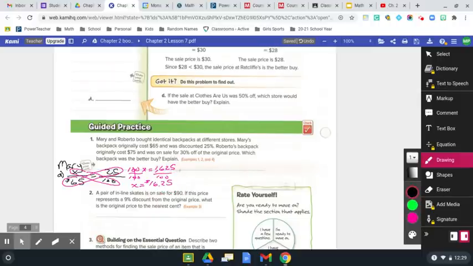But we need the sale price, right? So we're going to take the price of her backpack and subtract away the discount. So $65 minus $16.25. When you subtract those two values, figure that out right now, subtract those.